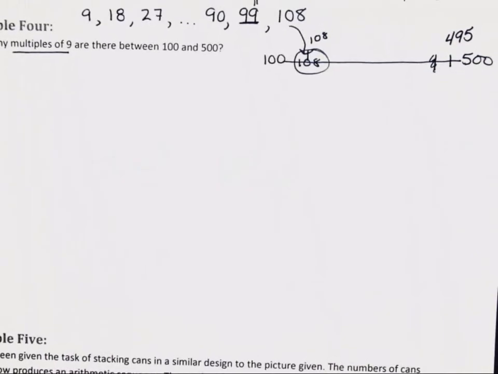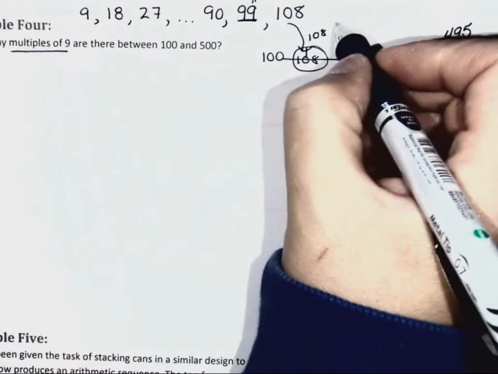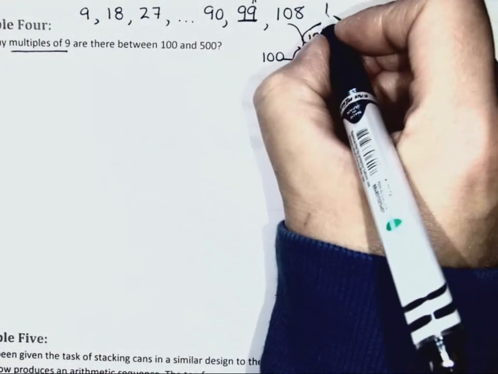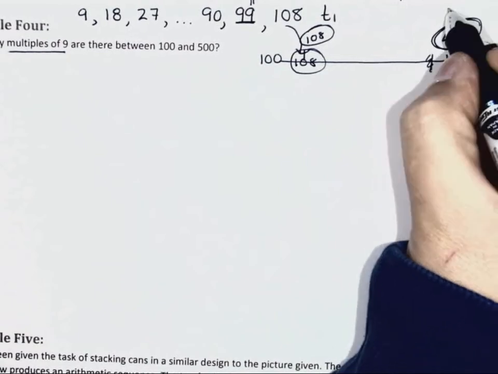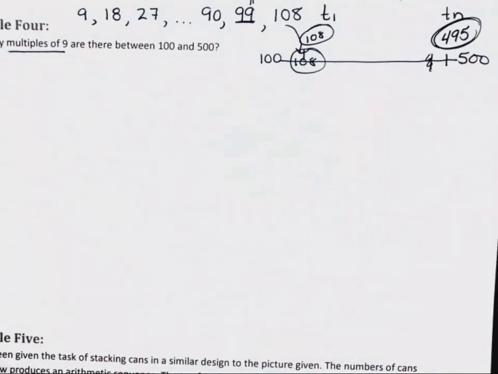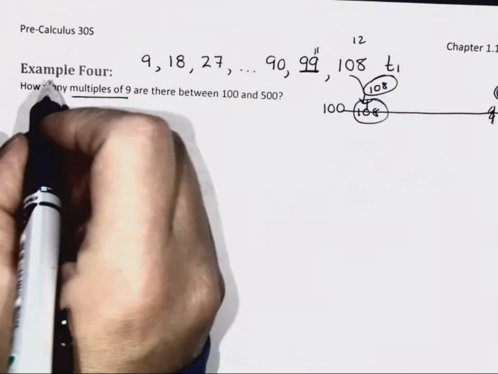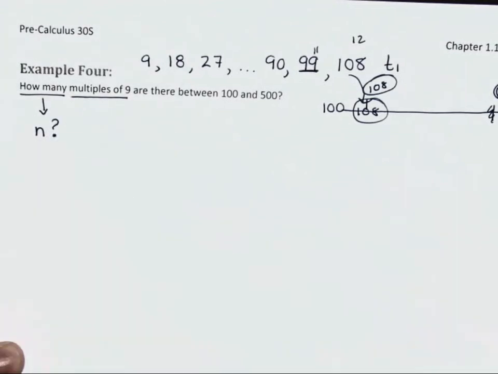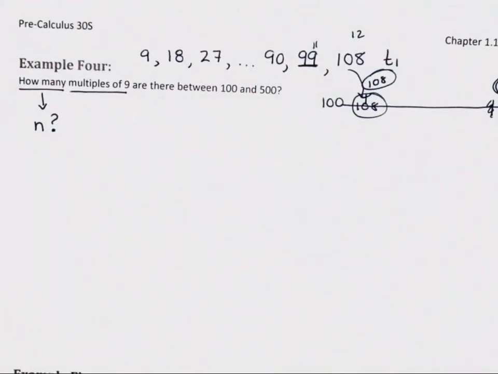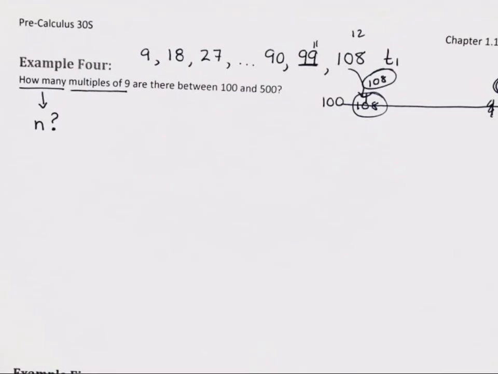All right, so what was the point of that? This is my first number, so guess what that is? That's T1. This is my last number, that's Tn. What we're asking for is how many, so we're solving for n in this equation. n tells us how many terms there are.